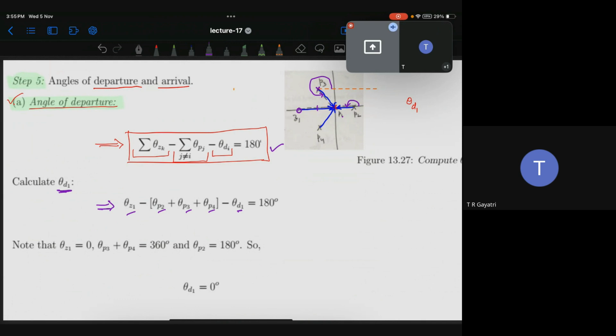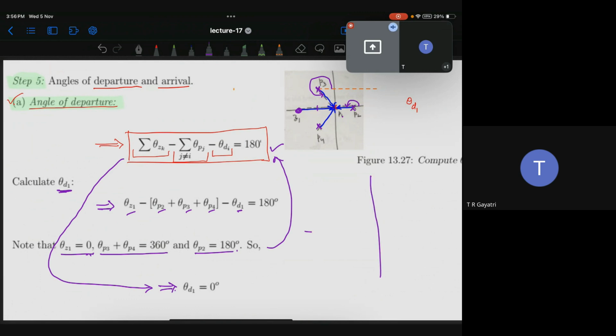The zero is making 0. These two poles are making 360, and this one is making 180. If you substitute all these into this equation, you get theta d1 as 0. Is this clear?